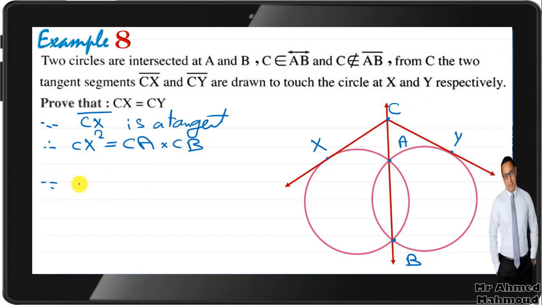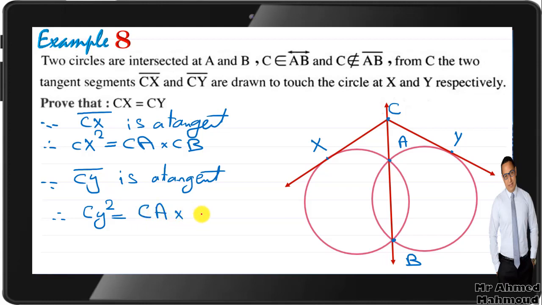And since CY is a tangent, therefore CY power of 2 equals CA times CB.